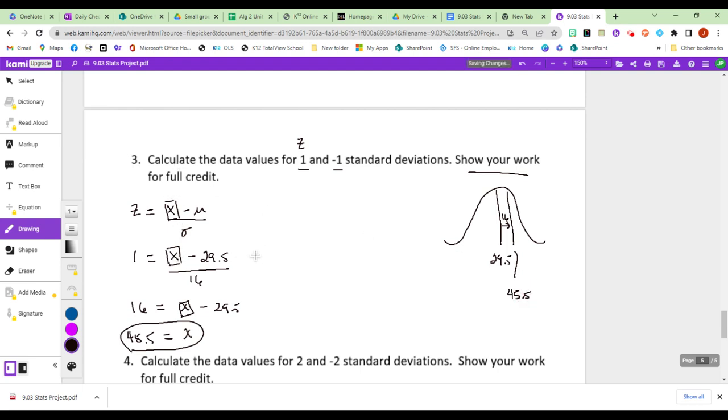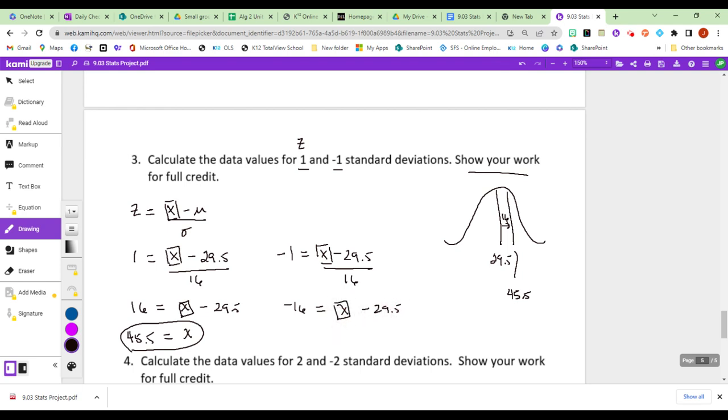And then you would do the same thing, but your z-score would be -1. And that would be equal to x minus 29.5, because that's my mean, divided by my standard deviation of 16. So your mean and your standard deviation are going to change based on the 20 data points that you chose for the 9.01 part of your project. Multiply by 16, that gives me -16 equals x minus 29.5.